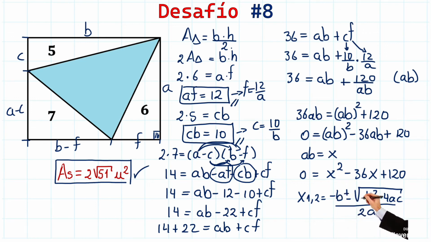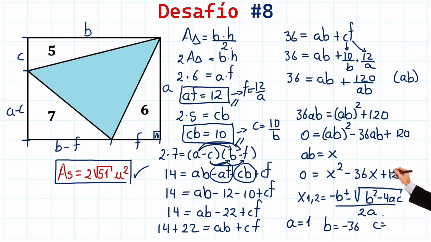And what about a, b, and c? Well, they are the numbers that accompany these letters, the coefficients. A is the term that accompanies x squared, which in this case is 1. B is the term that accompanies x, which in this case is negative 36. And C is the constant term, which is 120.